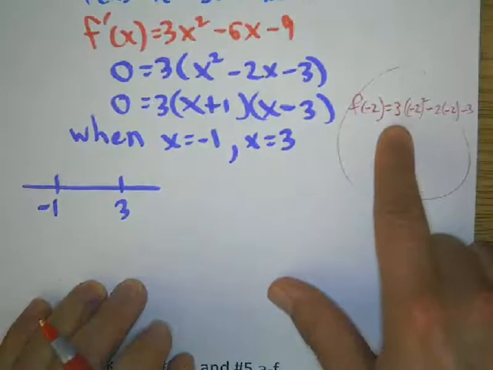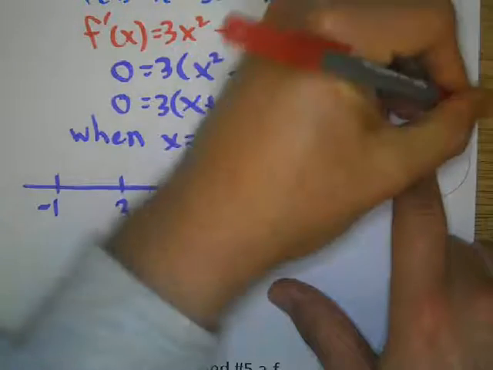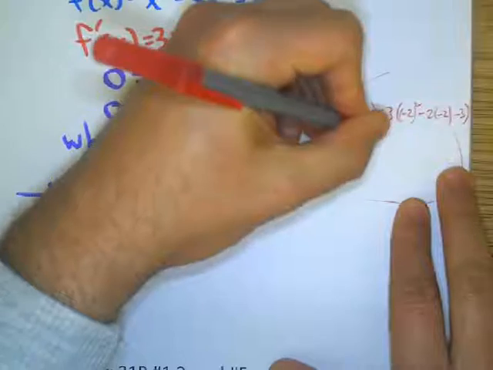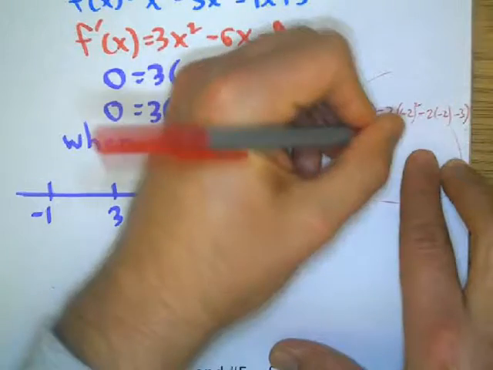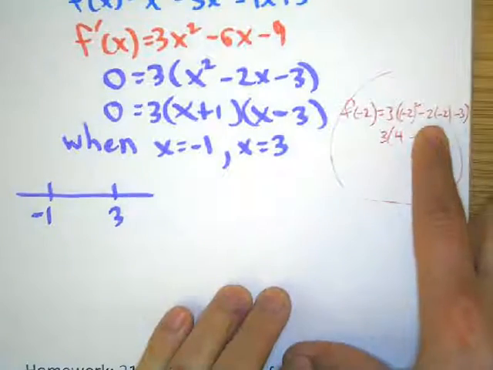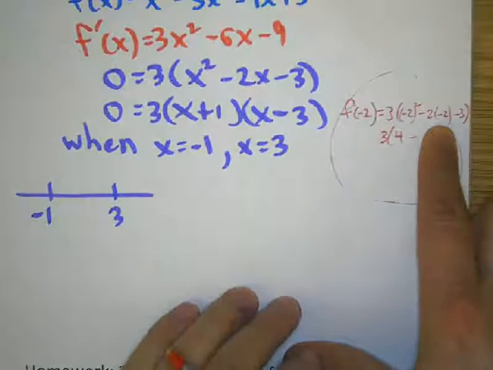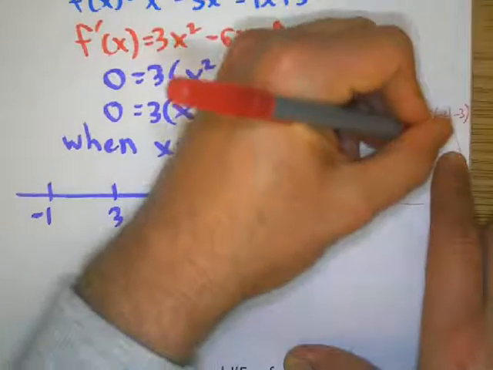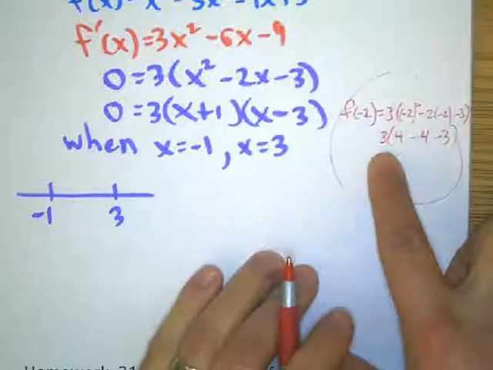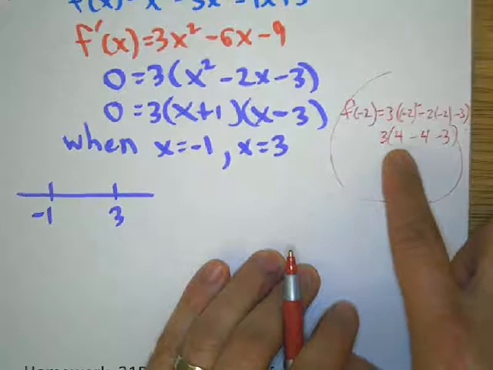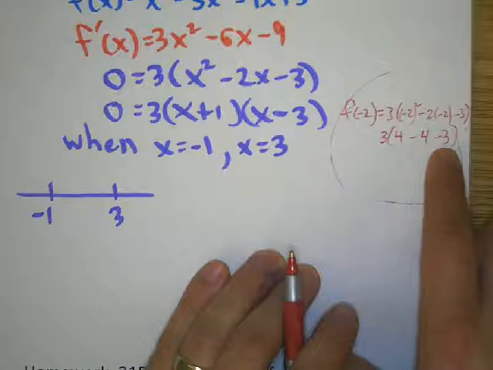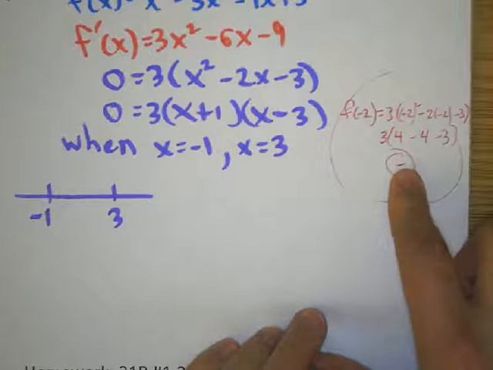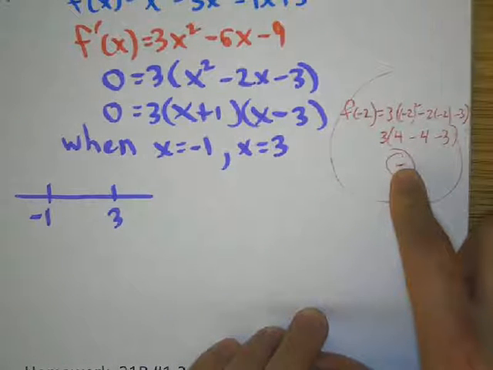Okay. Negative 2 squared is 4. Negative 2 times negative 2 is going to give me positive 4, and minus 3. Okay, we don't even need to multiply the 3 here to figure out 4 minus 4 is 0, and then minus 3 is going to give me a negative number, isn't it? So if I'm doing a sign diagram, let's see, did I make a mistake?